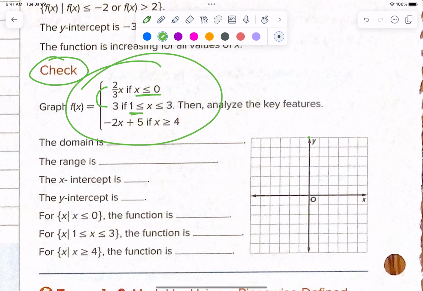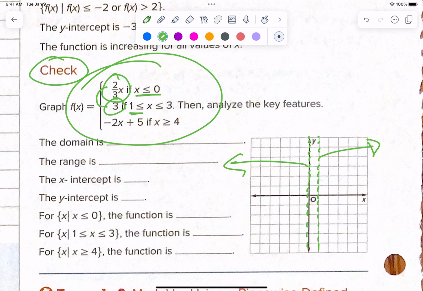I'm gonna say 0 is here and 1 is right here. Do you see that? So 2/3 x is what's gonna happen on this side of that line, and on this side of this line, it's gonna be at 3. Okay, what's happening between those two? Nothing. I have nothing graphed in between. I don't know what happens between 0 and 1.